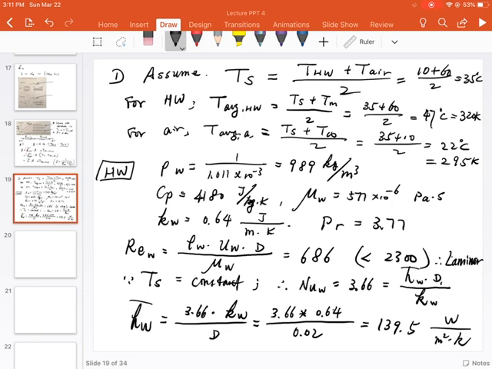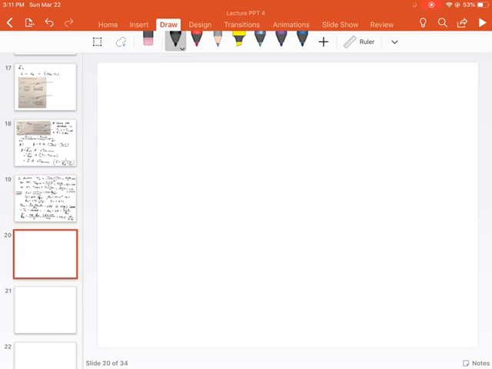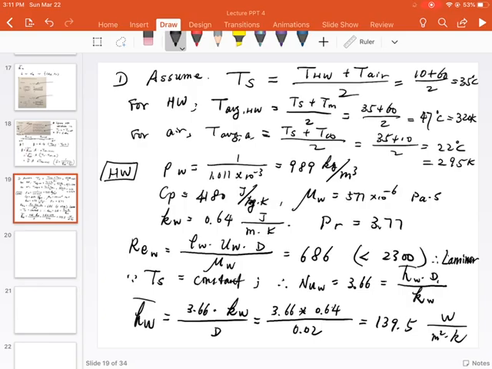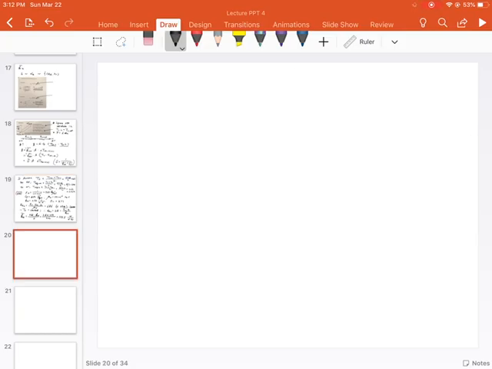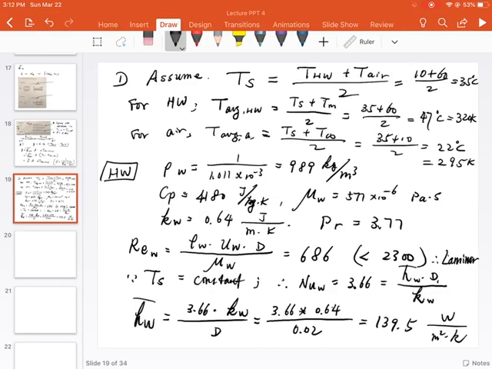You don't have to, but I typically put it here. This is the convection coefficient of the water. In order to calculate the convection heat transfer rate from water, we need the log mean, and we don't know the outlet temperature yet, so we cannot use this.